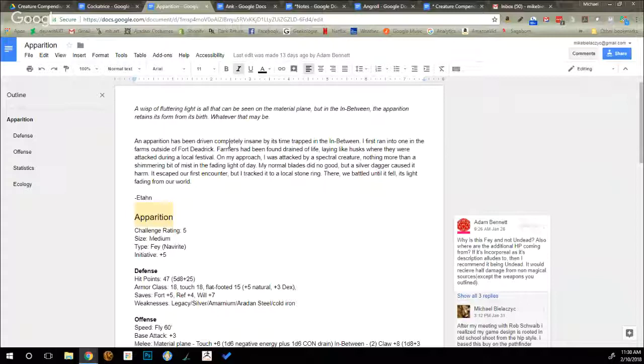But I think what will happen is when you jump in with this, stories will just come out like it did with this apparition. I read the description of the creature and I just imagine this scene that it was happening in, almost like a Conan mini adventure in my head that I just brought down to one paragraph.